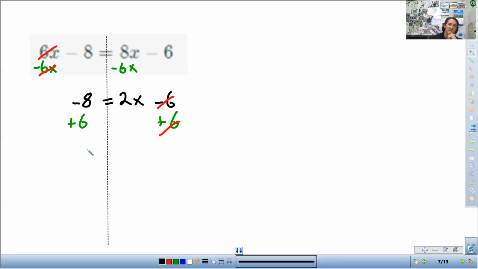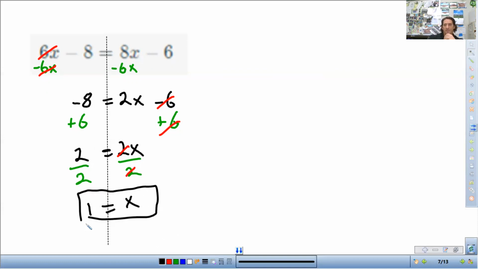So I'm going to get closer to 0. I end up at 2 is equal to 2x. And then final step to eliminate this 2 over here, I'm going to divide both sides by 2. Divide by 2 cancels out over there. 2 divided by 2 is 1. And we are done.